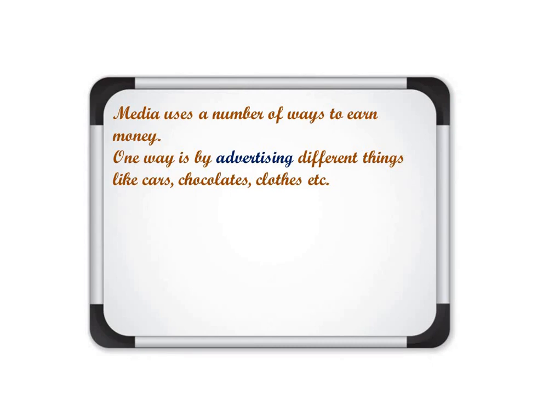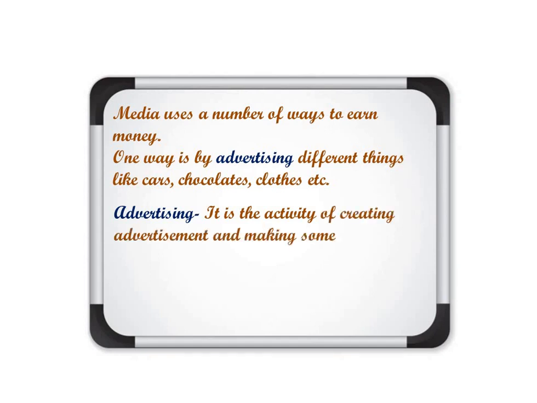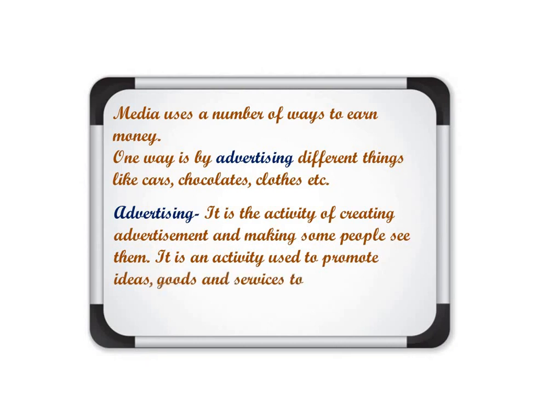Now we will just take the definition here, because the next chapter, the 7th chapter, is all about understanding advertisement. So here we just take the definition. What is advertising? It is the activity of creating advertisements and making some people see them. It is an activity used to promote ideas, goods and services to a consumer. It means they are just attracting the consumers towards their products.